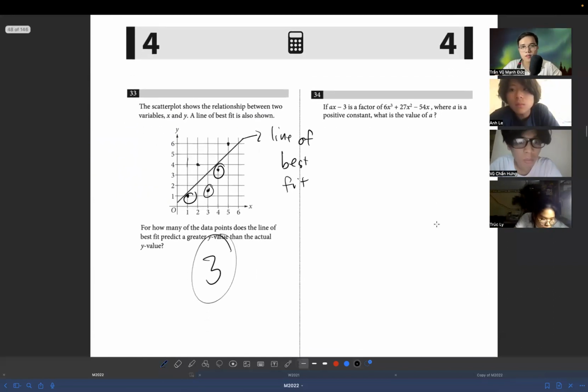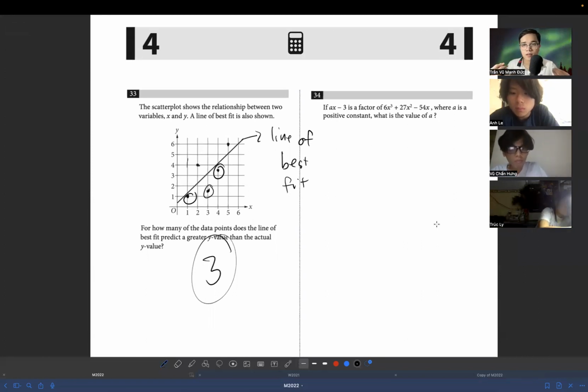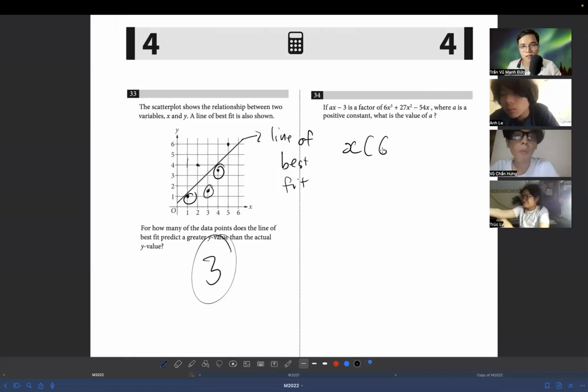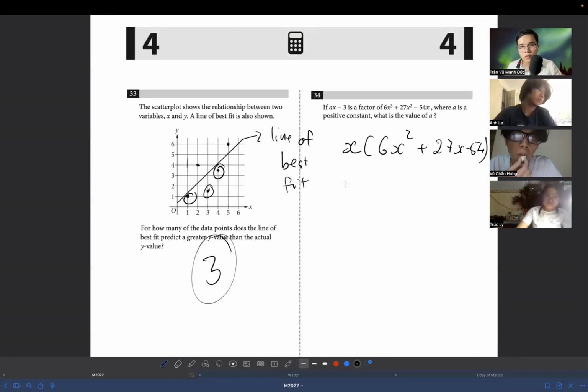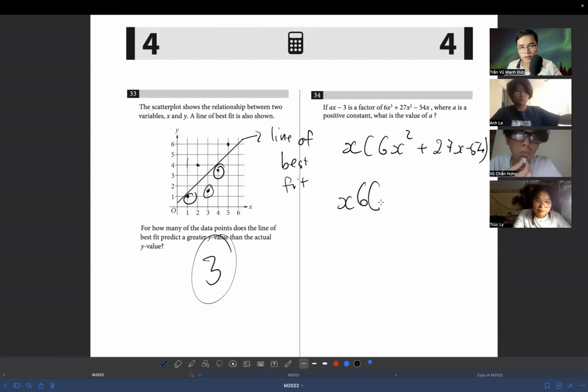34. A is a positive constant. What is the value of A? This is again factoring the quadratic equation. But first step is to factor out x. 6x squared plus 27x minus 54. And you'll have x times 6 something.